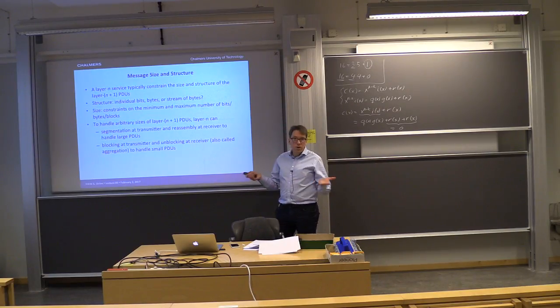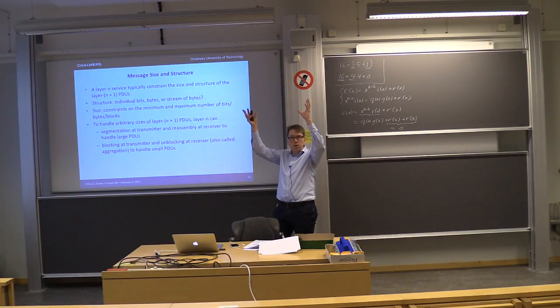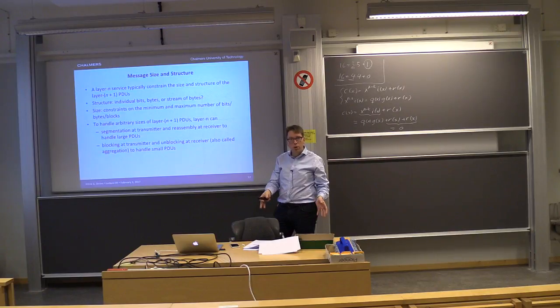Message sizes: typically at the lower layers, there's always a bound on how much data they can handle. So if you want to hide that from the upper layers, then if I get a gigabyte from above and I know that the layer below me can only transmit 1500 bytes at a time, of course, I have to take this gigabyte and chop it up and then send it individually.